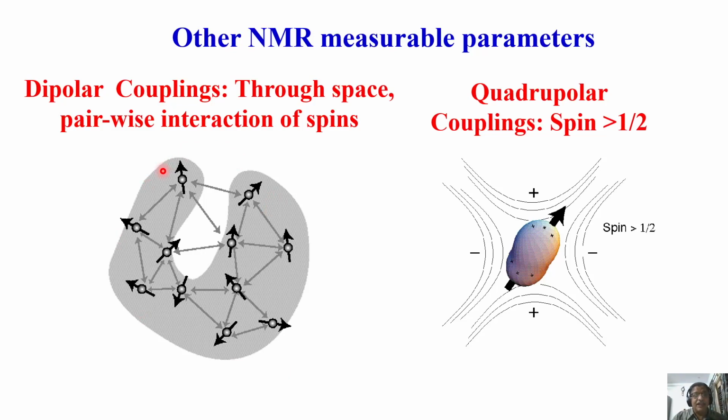The previous interaction, scalar coupling, has a certain strength. Beyond a certain number of chemical bonds, the strength drastically decreases, and after a certain number of bonds, you don't see it. Whereas here, there may be n number of nuclear spins, no problem. One can interact with the others so long as there is a spatial proximity between them. The number of bonds they are separated by does not matter. Spatial proximity is important.